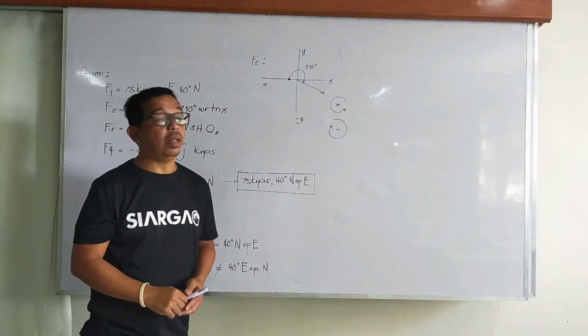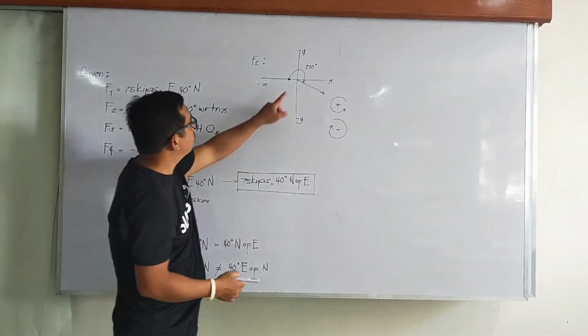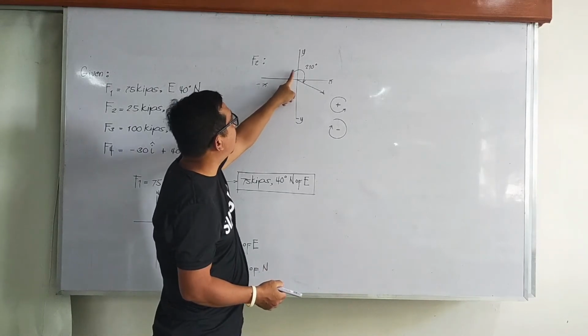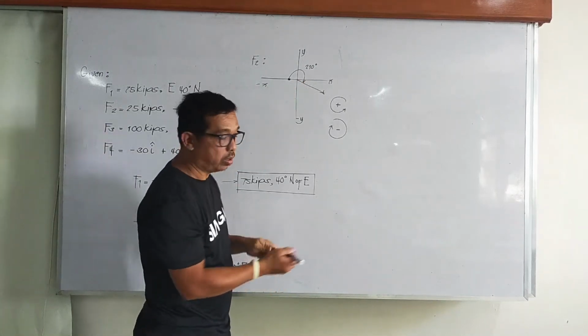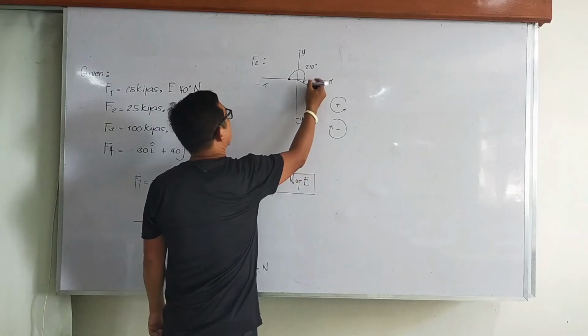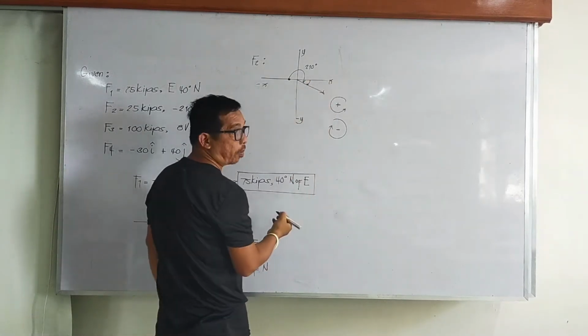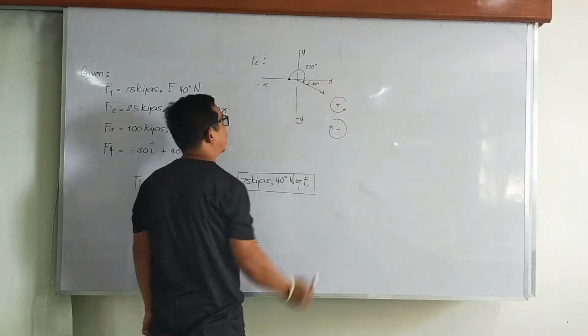Since alam natin na from negative x counterclockwise towards exactly the x is 180 degrees, we can therefore conclude that this angle read from x is equivalent to 30 degrees.